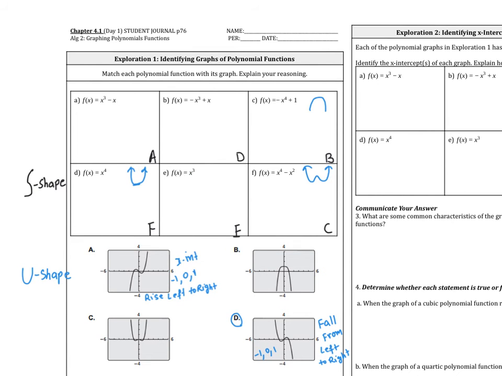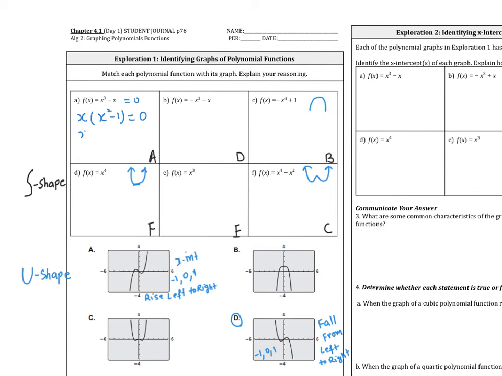So let's find the x-intercept algebraically from function A. To solve function A, we're going to put it equal to 0. And we are going to find the GCF of x cubed minus x. So the GCF is x. Inside, you're left with x squared minus 1 equal to 0.